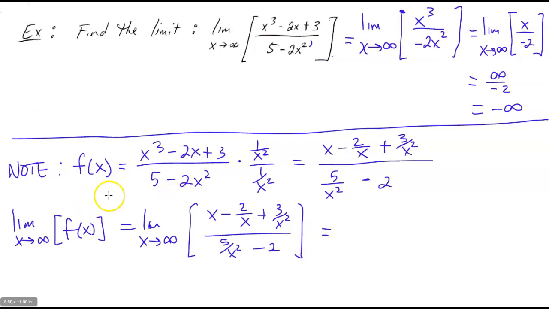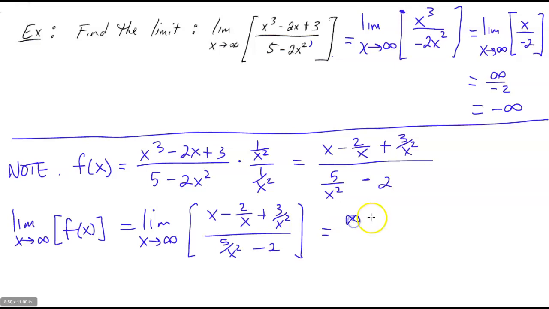Since we have the limit as x approaches infinity, what I can essentially do is plug in infinity everywhere I see x, and then use the fact that any number divided by infinity, or infinity raised to a power, is going to end up being 0.